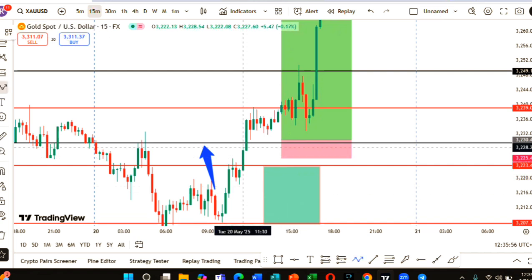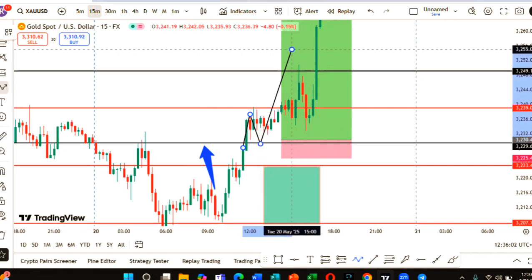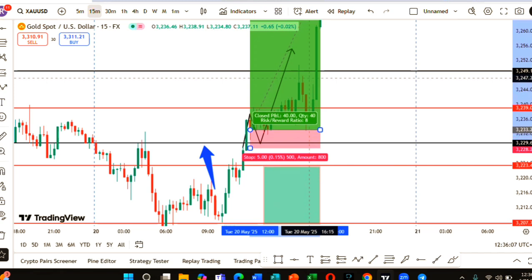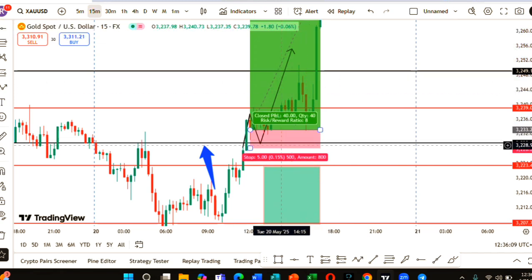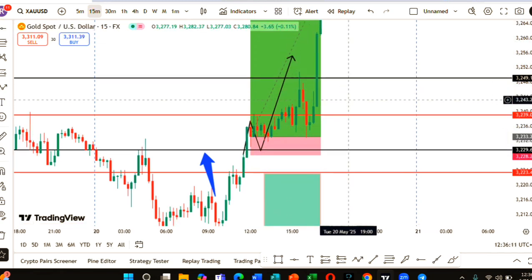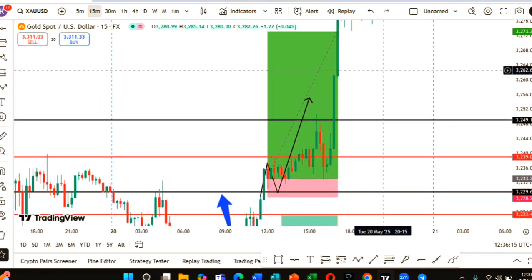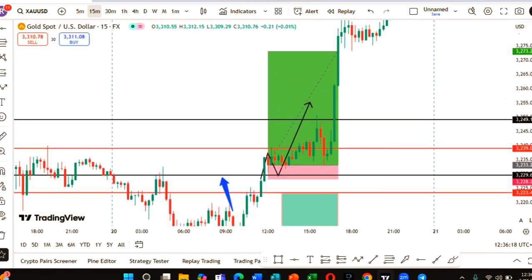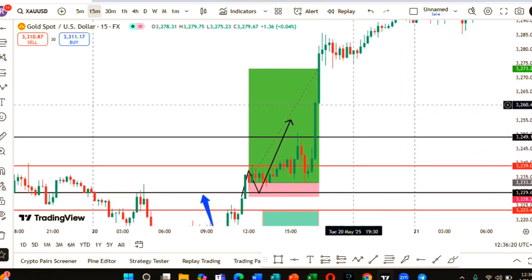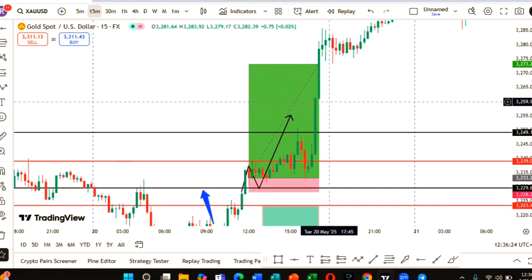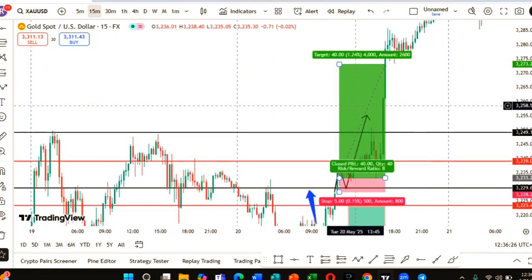As you can see, it broke with a very strong bullish candle, so I was expecting a retest, then continue to buy. My stop loss was below here, 50 pips stop loss and 400 pips take profit. That's a 1:8 risk to reward ratio, and it was a very clean trade.